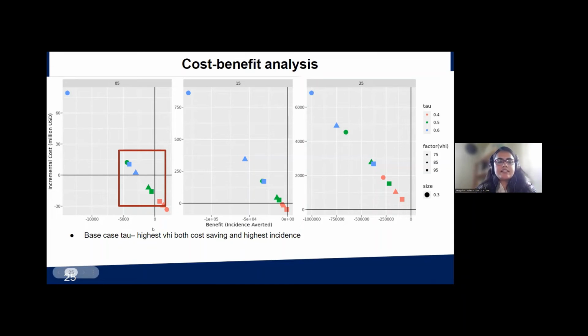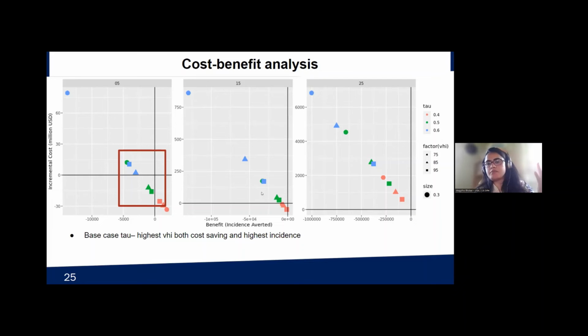What we see is that in the base case, if tau is fixed to 0.5, which is similar to the calibrated value for the New York City outbreak, the highest or most aggressive home-stay interventions will be both cost saving and will have the lowest incidence, especially for 5, but you can also see in the 15 and 25 where the square greens would be closer to the origin.